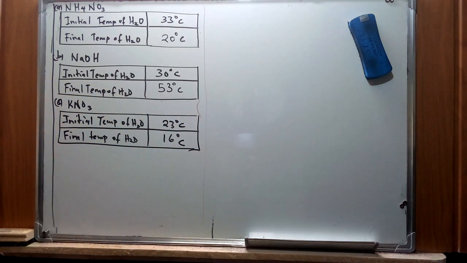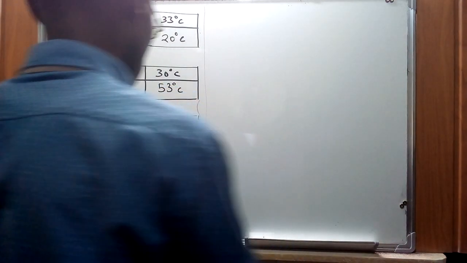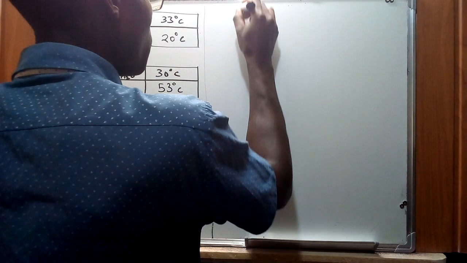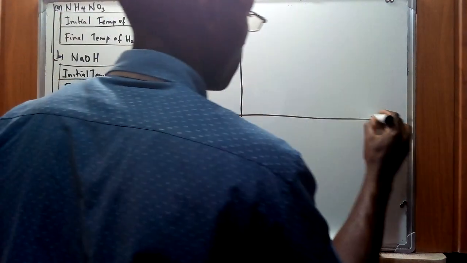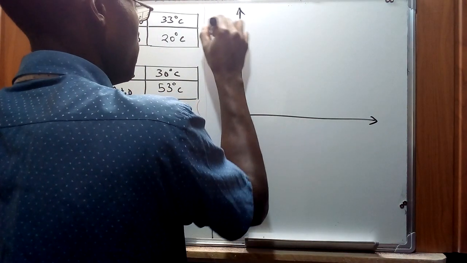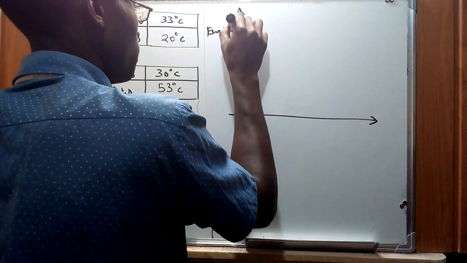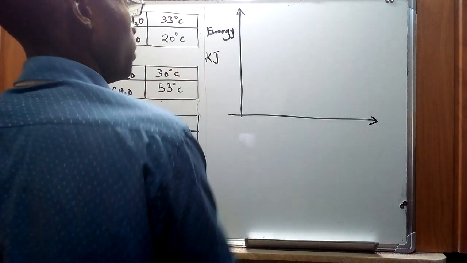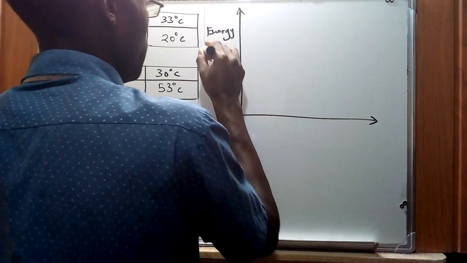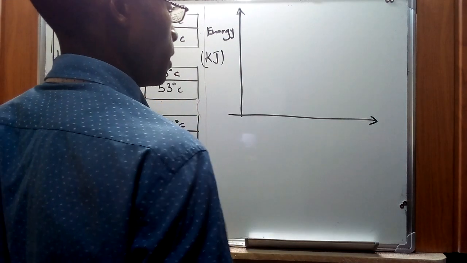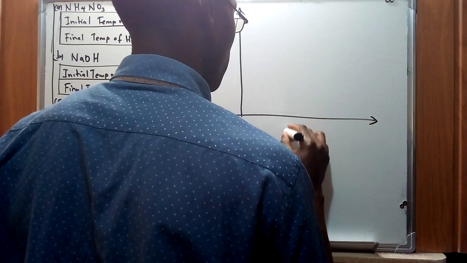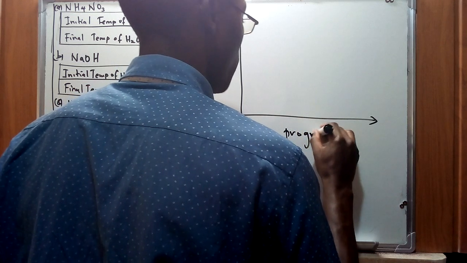So if we have a graph of energy against the progress, in this coordinate system, this is a graph of energy. Energy is measured in joules, so maybe we can still refer to it as kilojoules, that is 10 to the power 3, and this is the progress of that reaction.